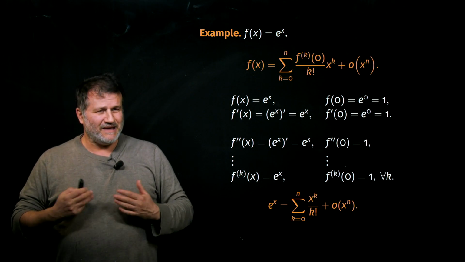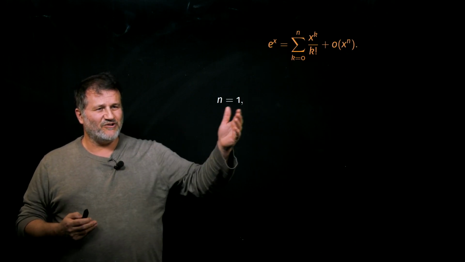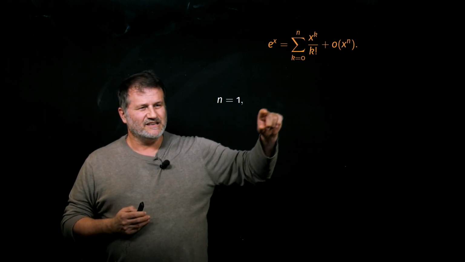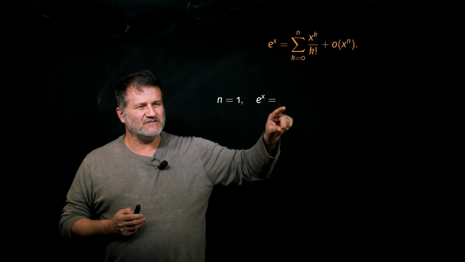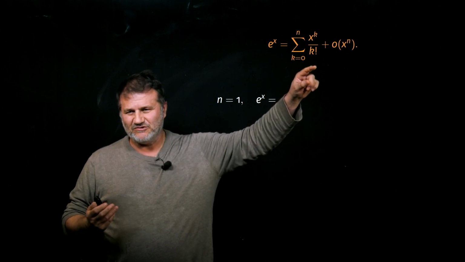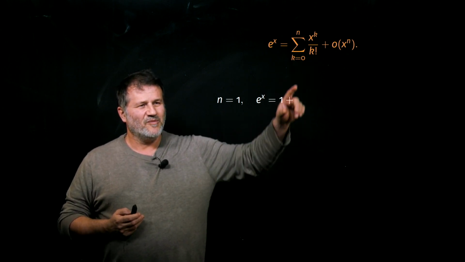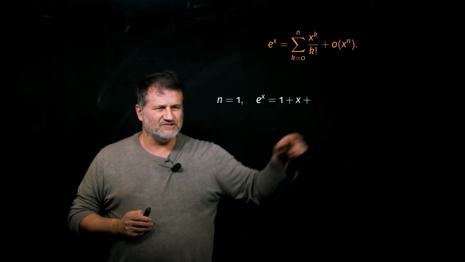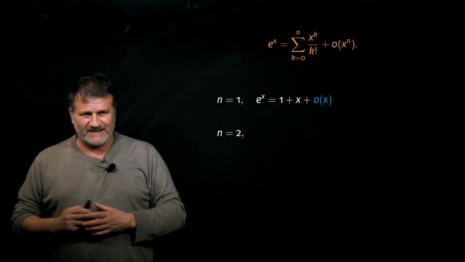This is actually many formulas because we have a formula for n equal 1, where we stop at power x to 1. So we have just two terms, the degree 0 term, x to 0 over 0 factorial, which is just 1, plus x to 1 divided by 1 factorial, which is just x, plus the remainder, which is o of x.